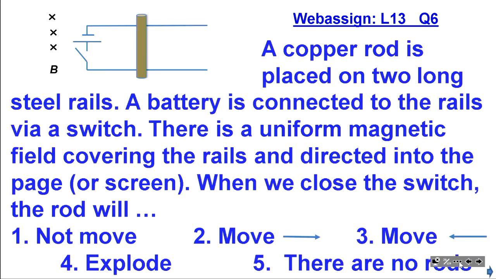So electric current through this rod will begin traveling in a certain direction. And then because electric current in a wire in a magnetic field generates a force, you should be able to say, I keep forgetting the magnetic field here. That should point up.